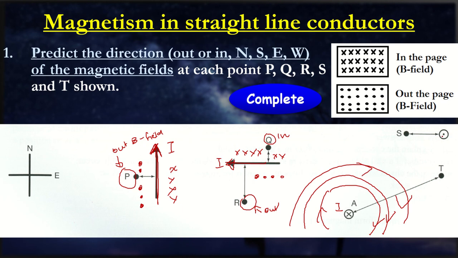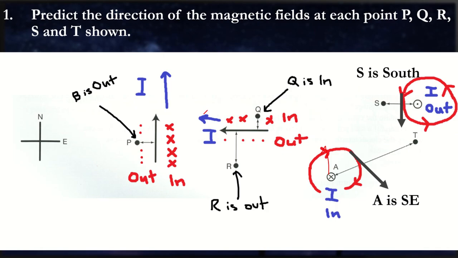And in this example, the current is coming out of the page, so I'm experiencing the magnetic field rotating anti-clockwise in this direction here. Okay, so that's what we get. You can therefore work out the direction.